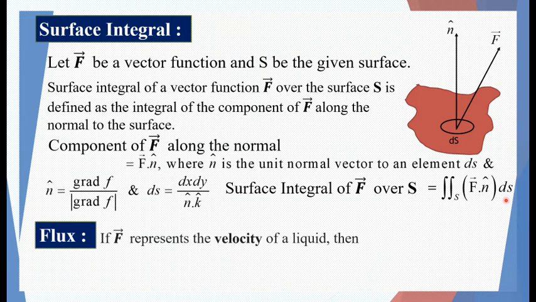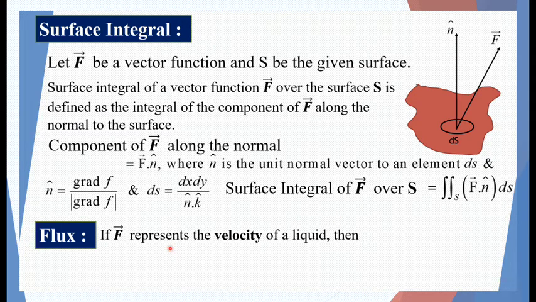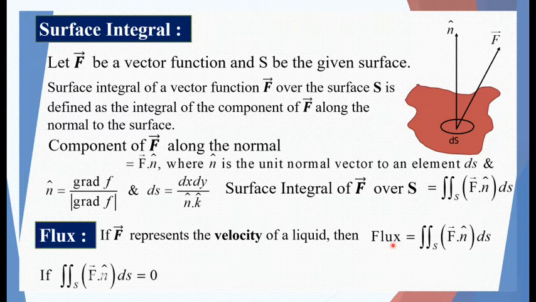So what is flux? If vector f represents the velocity of a liquid, then its flux is equal to the double integral over S of vector f dot n cap ds. Basically the surface integral, the standard form, is also known as the flux.